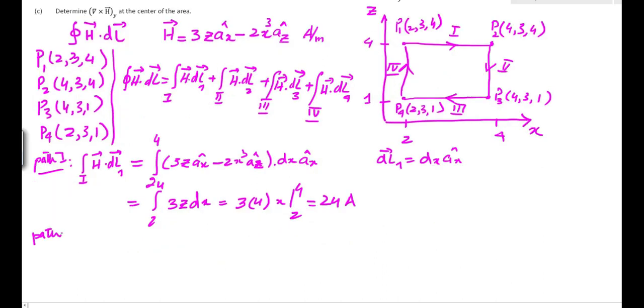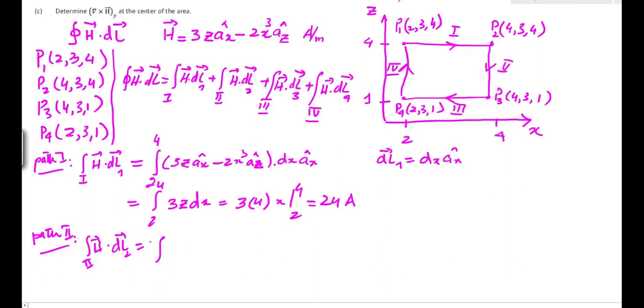So for path 2, we have the integral of path 2. You can see from here that this path changes only in the z direction, and the limits are from 4 to 1.